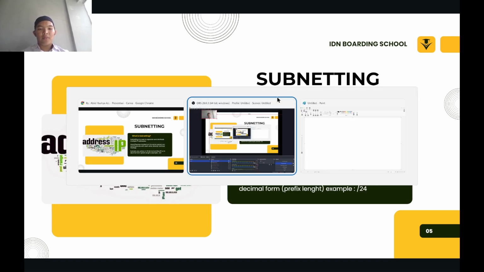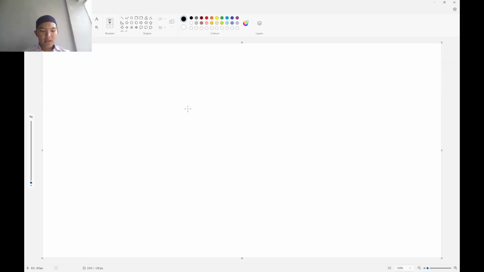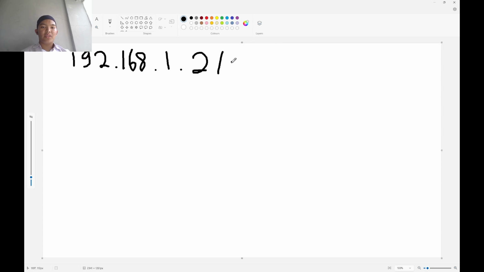And how to count it? Okay, I will give an example of how to count subnetting. For example, the IP 192.168, I will use a private IP, 1.2, and the prefix is 25.